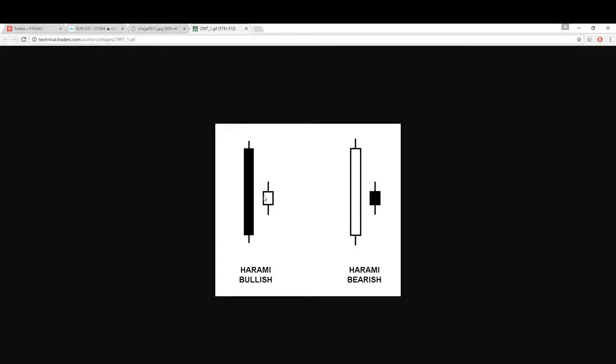I also recommend searching for the harami near or at a support or resistance line, or a trend line, because in this case they become much more significant. When harami appears in an uptrend, it's a bearish signal, and when it appears in a downtrend, it's a bullish signal.